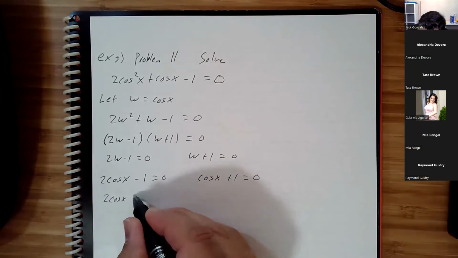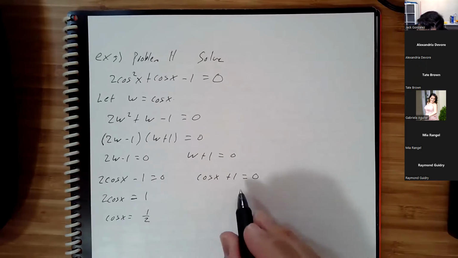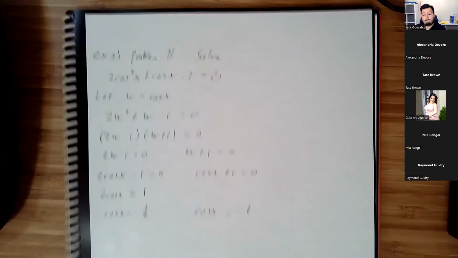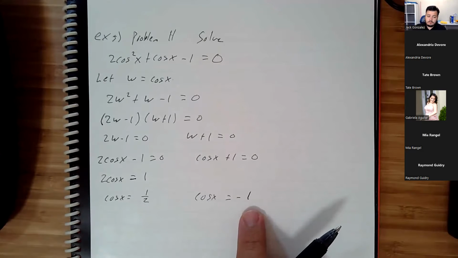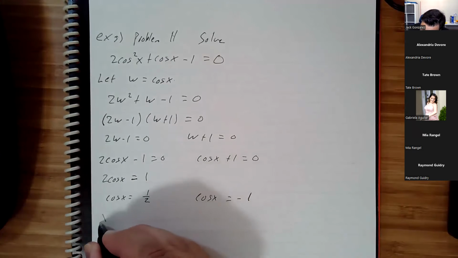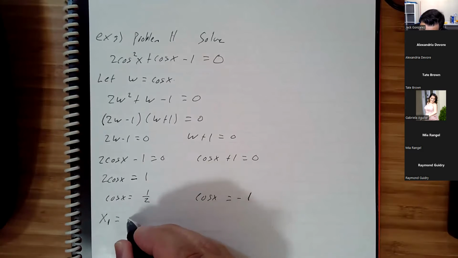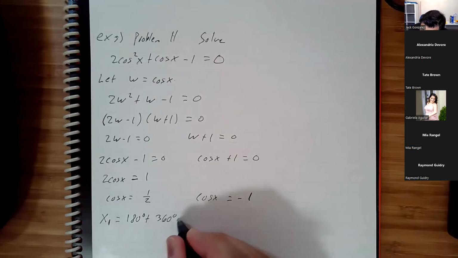So add the 1 over, divide by 2, you get 1/2. Subtract the 1 over, you get -1. Okay, so then you find the angle where -1 happens, which is pi, right? And then the 2, we've done this one quite a few times already, so I'm just going to skip to the end here. The first solution will be 180 degrees plus 360 n.